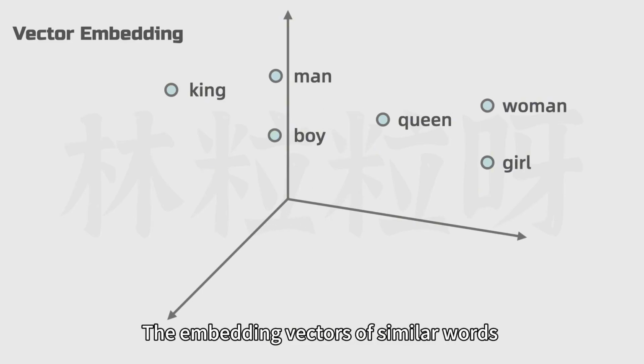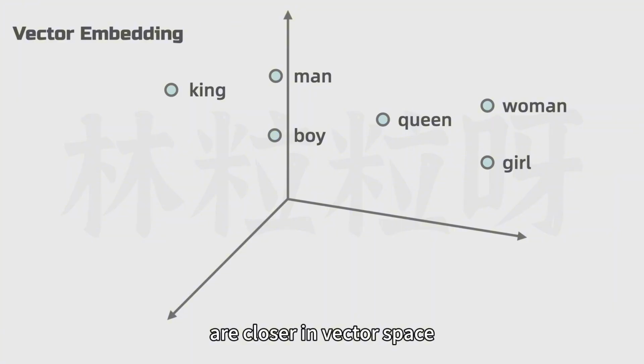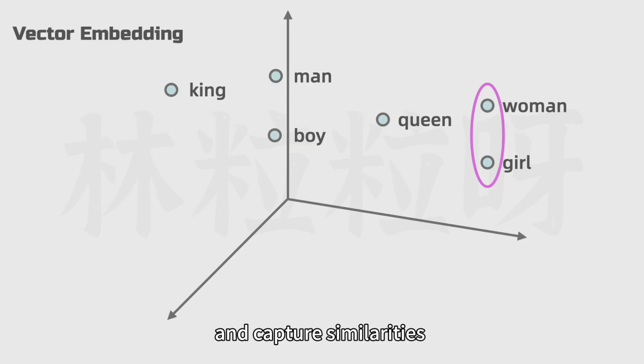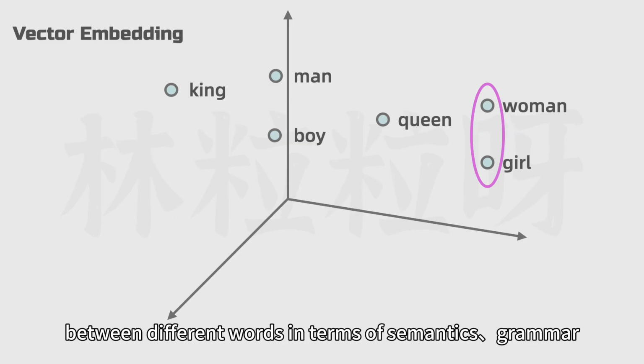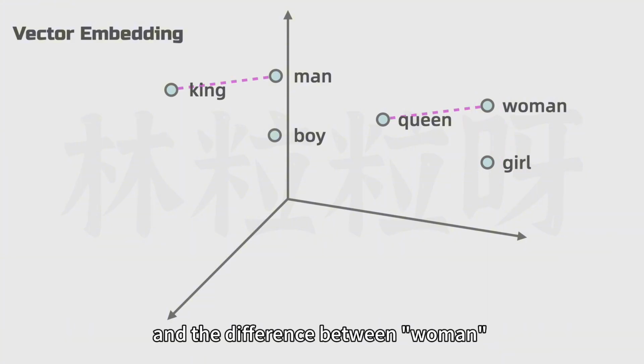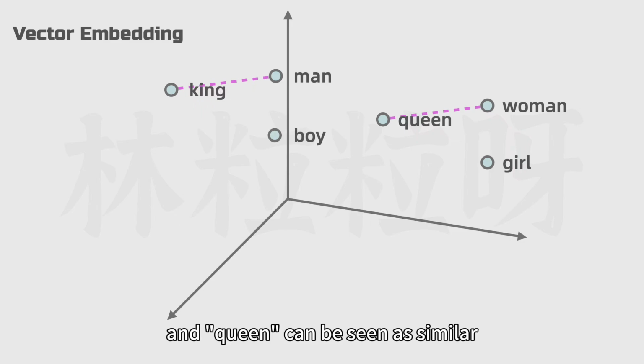The embedding vectors of similar words are closer in vector space, while unrelated words are farther apart. This helps the model use mathematics to calculate distances in vector space and capture similarities between different words in terms of semantics, grammar, etc. Moreover, the difference between man and king and the difference between woman and queen can be seen as similar, which can also be represented in multidimensional vector space.